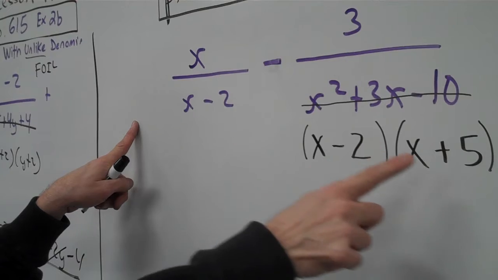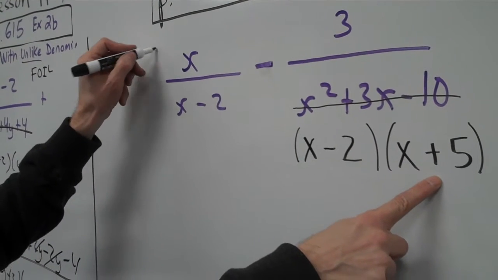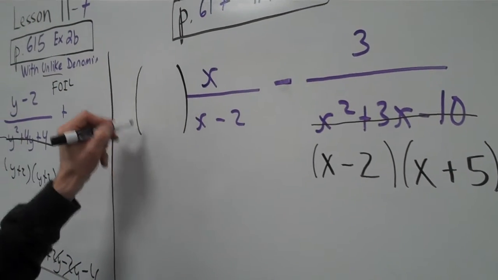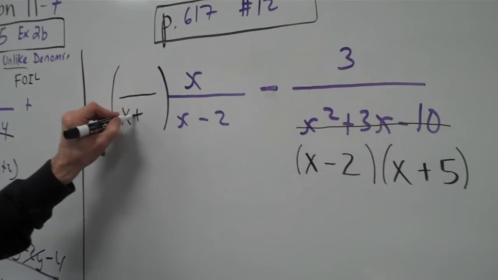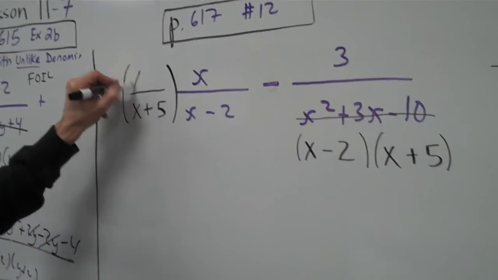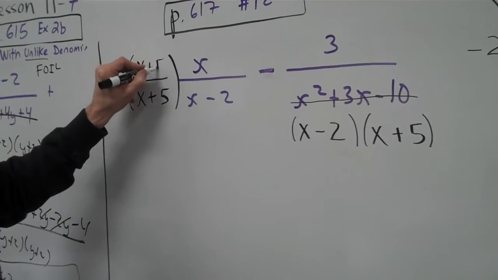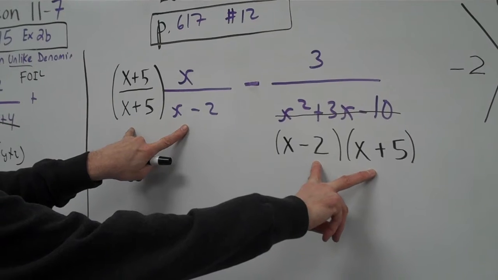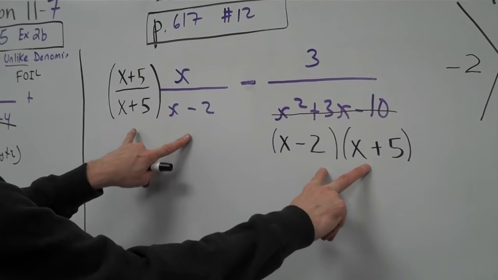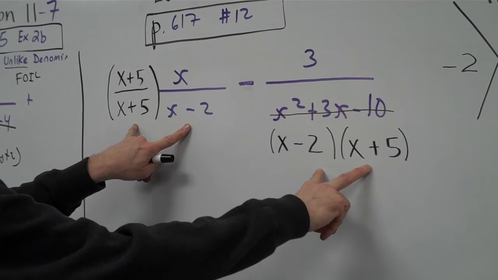So the way to do that is to take your x plus 5 and bring it over and multiply it, top and bottom, like this. And you have x plus 5 and x plus 5. That's how you get the denominators to be the same. You can see I'm pointing, the two denominators are the same. Doesn't matter if they're in opposite order, but it's the same two pairs there.